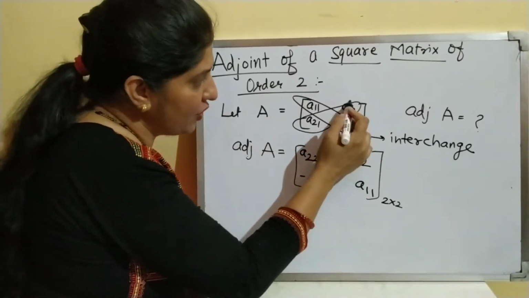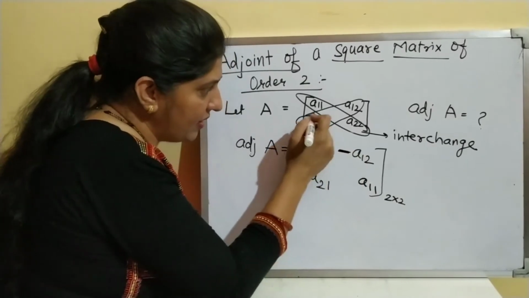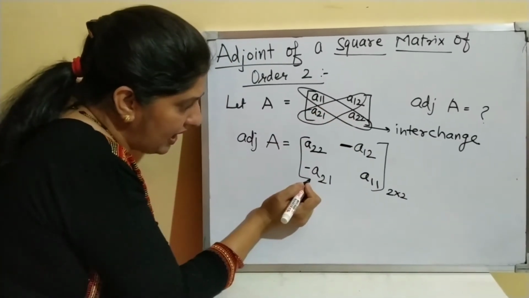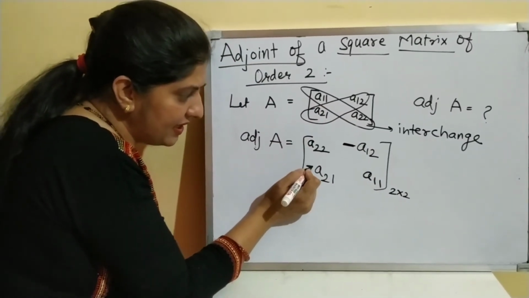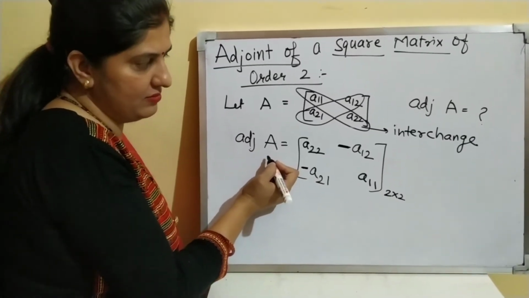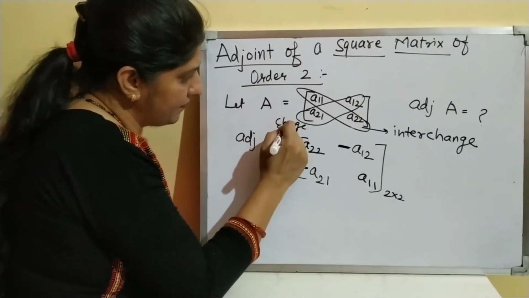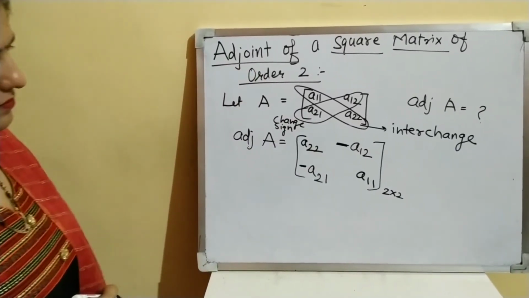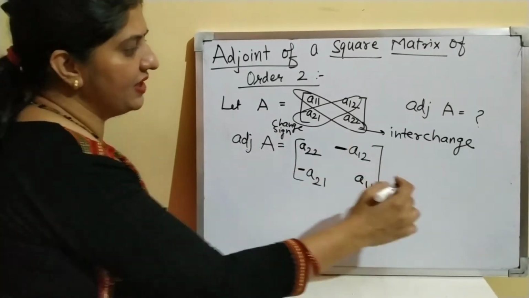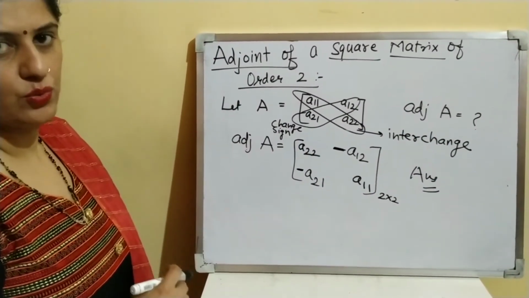Means if A12 is positive here, we have to take a negative sign here. A21 is positive, so we have to take a negative sign here in the adjoint of matrix capital A. Clear? In this way, we get the adjoint of a matrix of order 2 by 2 directly.